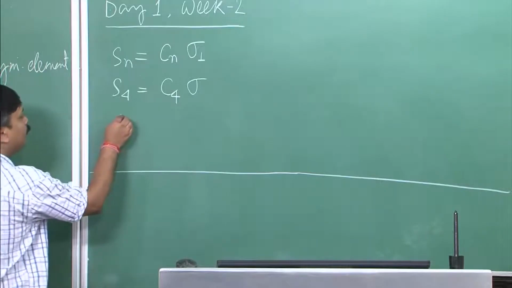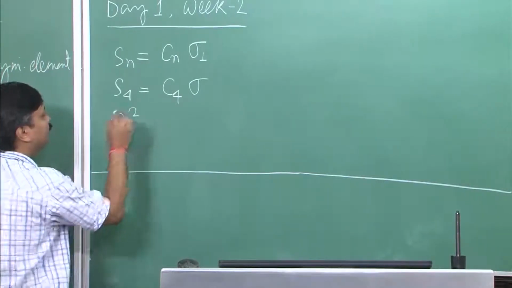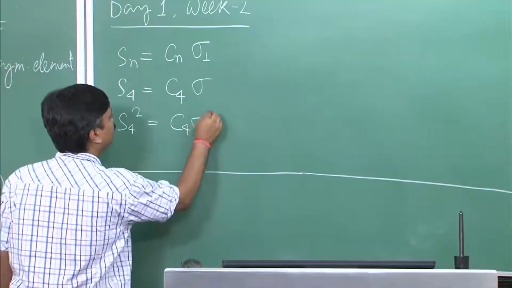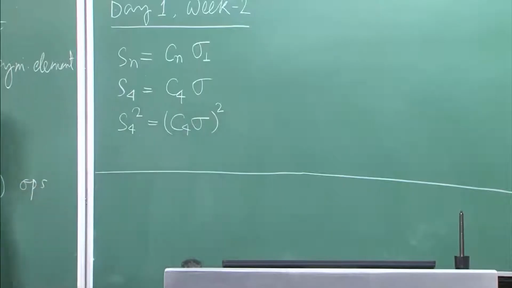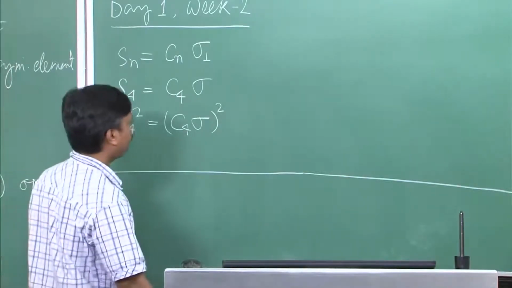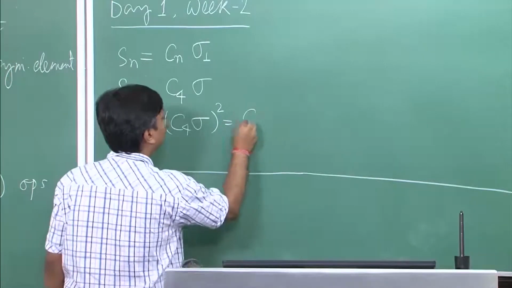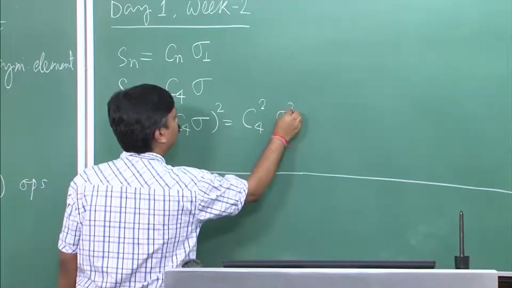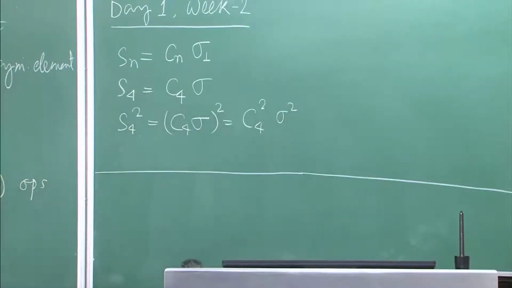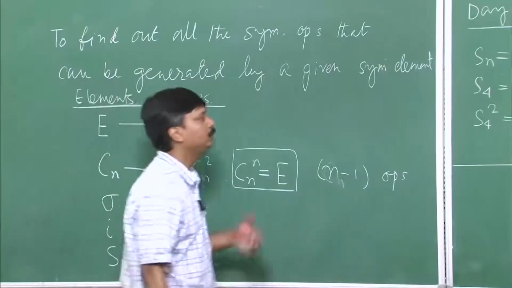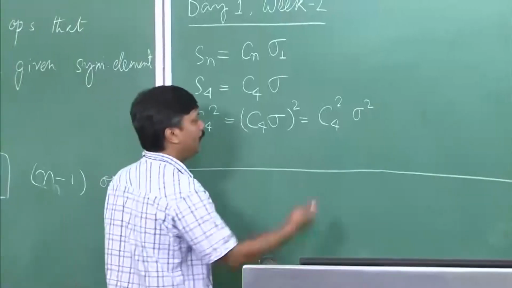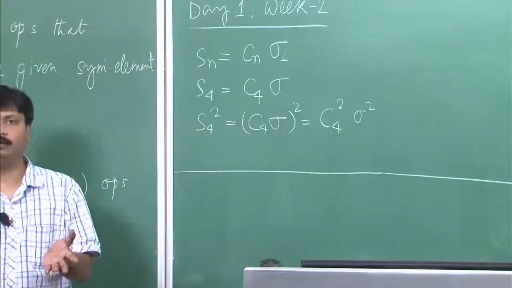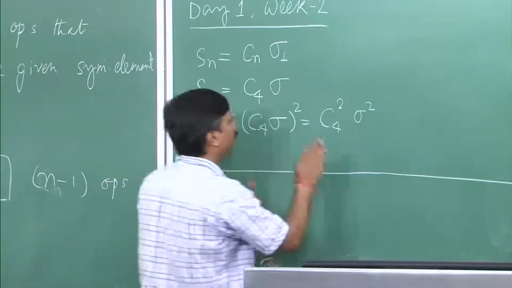Okay. So now I operate S4 once, that is this. If I want to operate S4 a second time, then it is S4 squared, which is nothing but C4 sigma squared. Which I can write simply here as C4 squared sigma squared. Now we have already seen that sigma, if it is applied twice, generates identity, right? So identity means I don't have to write anything here, because identity operation will end up giving the same, identical structure.